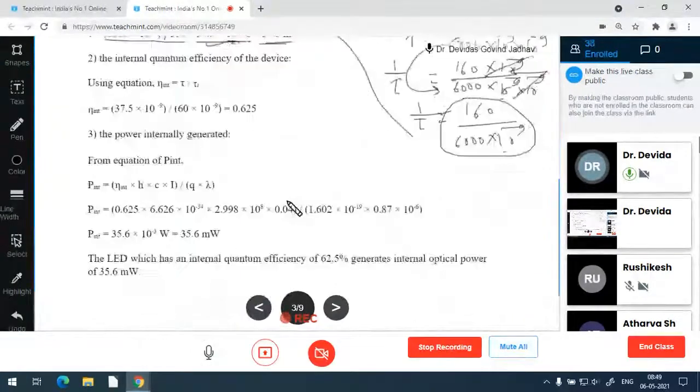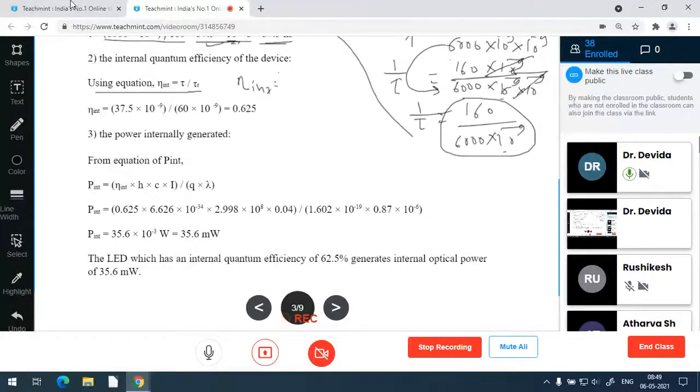So by definition, what is eta internal? The internal quantum efficiency of the device. Using its equation, eta internal is R_r upon R_t, the rate of radiative recombination divided by the total rate of recombination. If you consider rate, that is frequency, it is radiative divided by total.